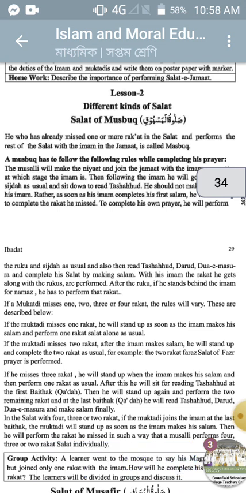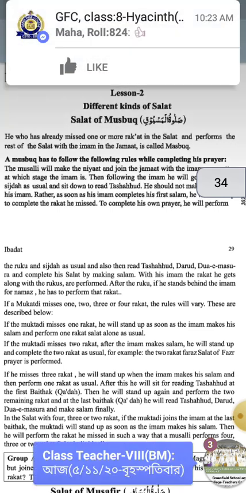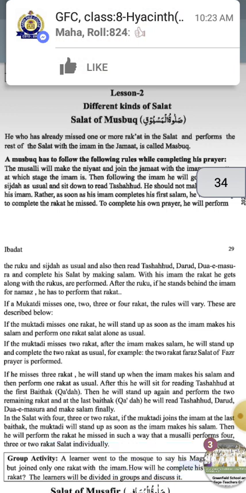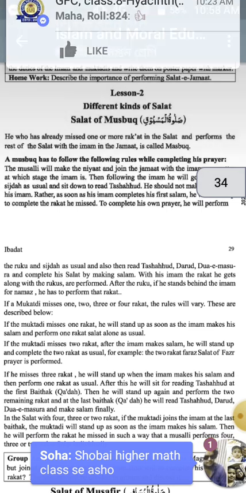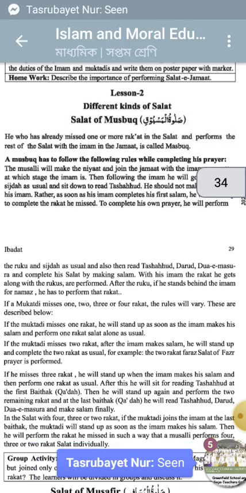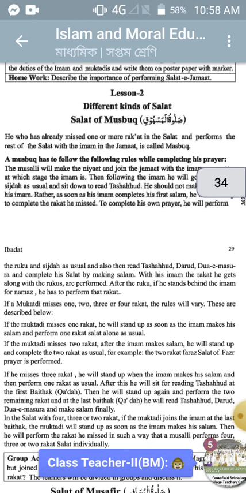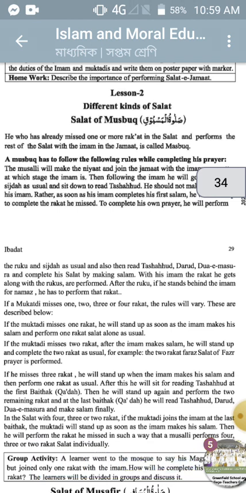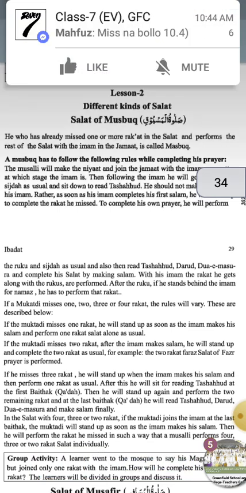According to the syllabus, today's lecture is chapter 2, lesson 2: different kinds of salat, for example, salat of masbuk, salatul janaza, salat of musafir, etc. First of all I will read, then analyze the important points. Dear students, please listen to what I say and attend with me.